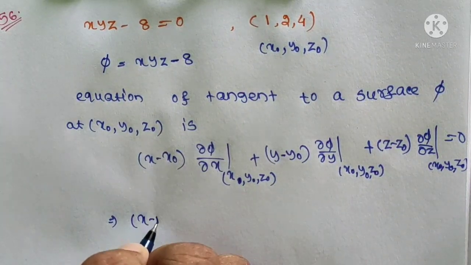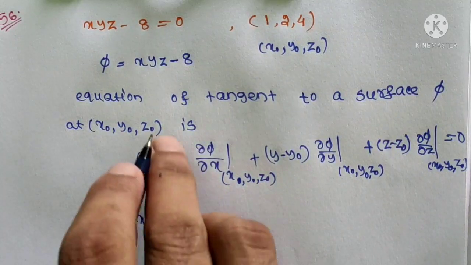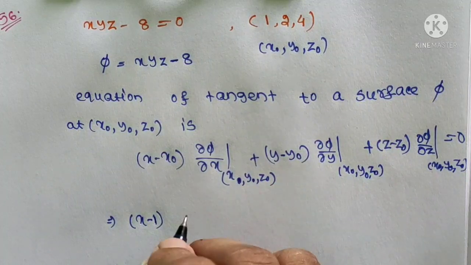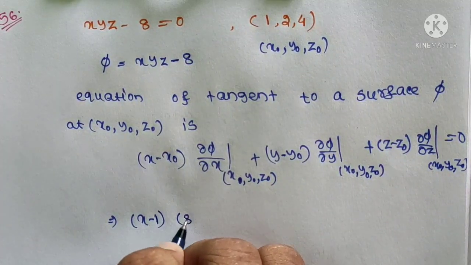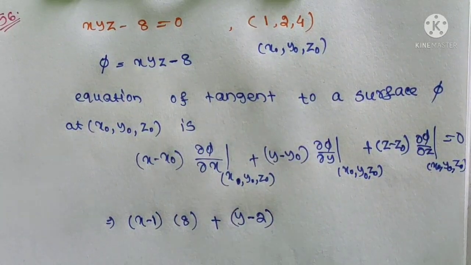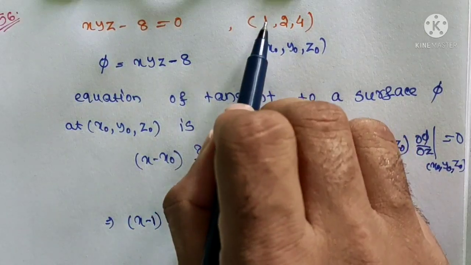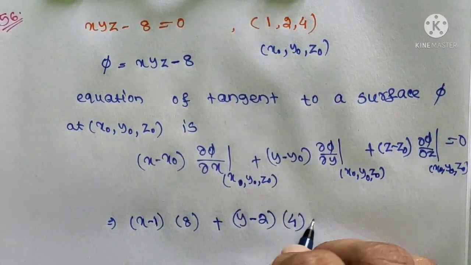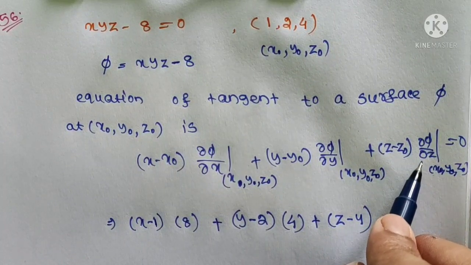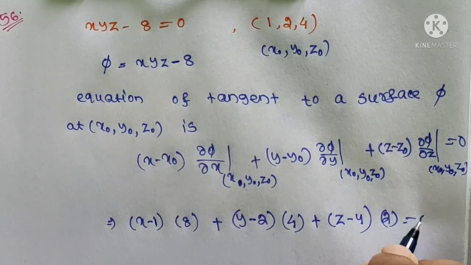Now x minus 1 del phi by del x. So it is yz, and put the value of y naught and z naught. So 2 into 4 is 8, plus y minus 2 del phi by del y, that is xz. So it is 4, plus z minus 4 del phi by del z, that is xy. So it is 2, equals 0.